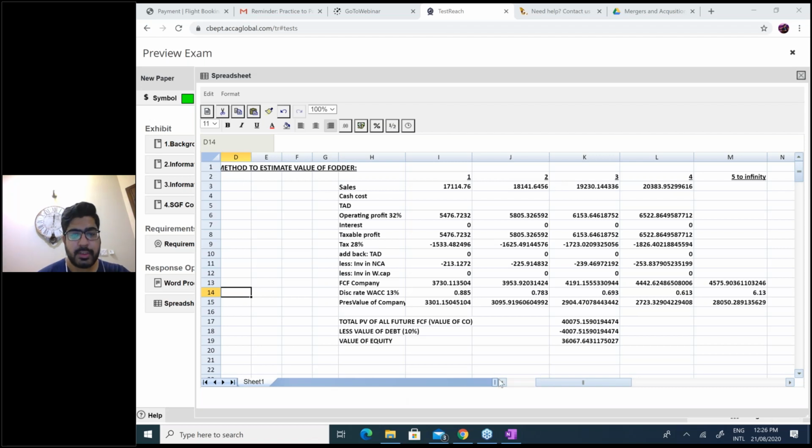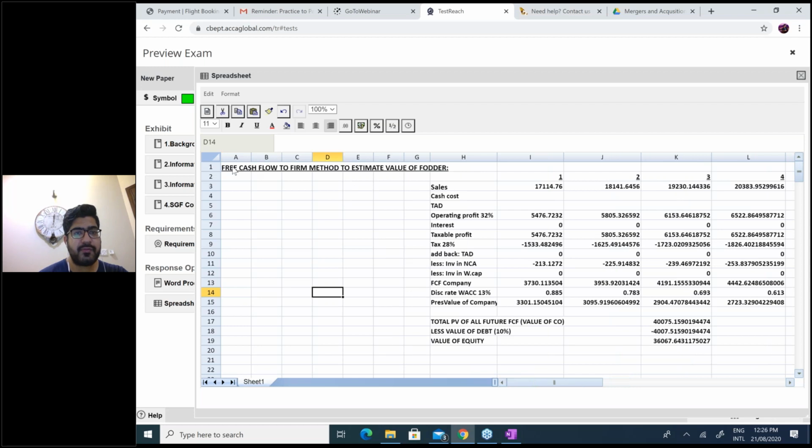Okay, now the question asked us to use the FCF to company method to estimate the value of Fodder and the combined company. I have used the FCF to company method to estimate the value of Fodder.